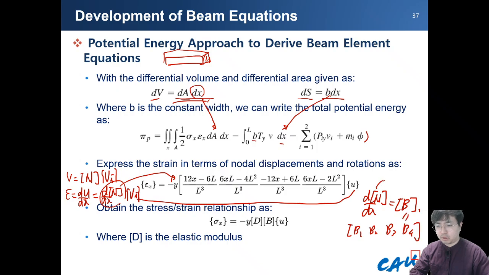Maybe it is because in the beam structure the shape function has four terms. So the shape function has a polynomial equation, and the B matrices become a lower-order polynomial equation. Anyway, strain can be expressed like this.